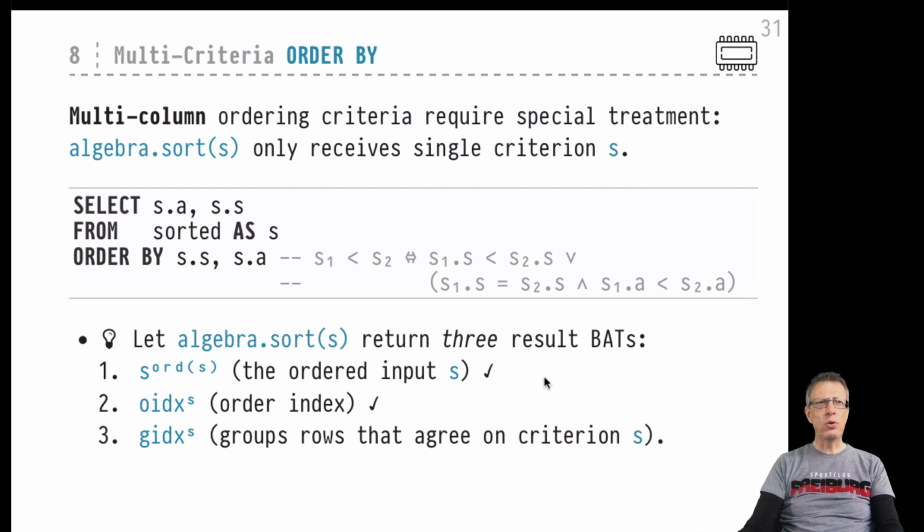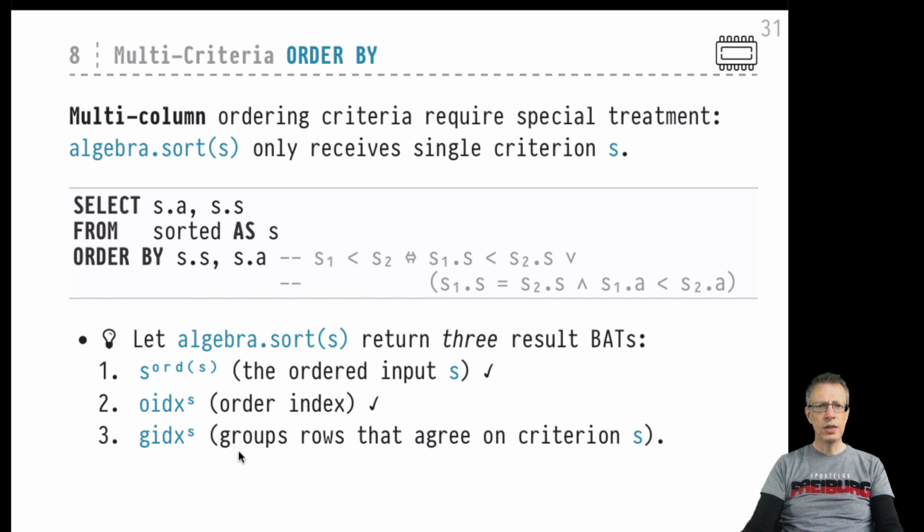It returns the ordered input S. We've seen that before. It returns the order index, which of course is crucial to also reorder other columns, the A column, for example. We have seen that. And it returns a third BAT, the G index, or the group index of S, as I call it here. This will be crucial to establish multi-criteria orderings.